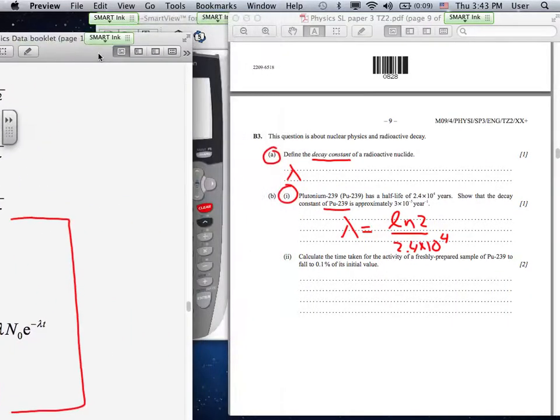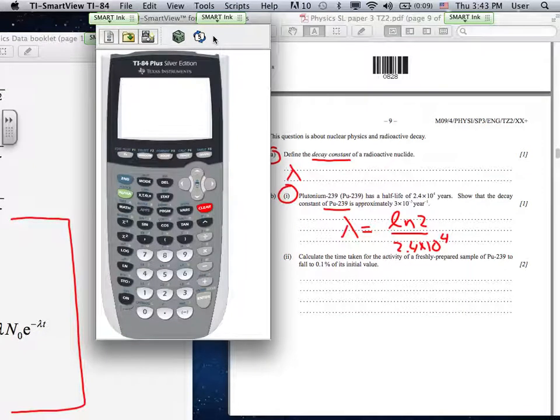Just get my calculator here. So we're going to get ln. Now this is the natural log, so it's this button over here, and it's going to be 2, and we're going to divide that by 2.4, and again it's really important that you use this way of writing scientific notation to your calculator, and we get that, and that's equal to 2.88 times 10 to the negative 5.